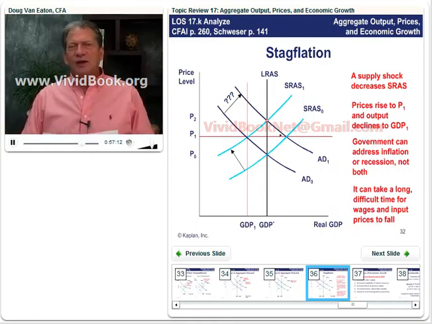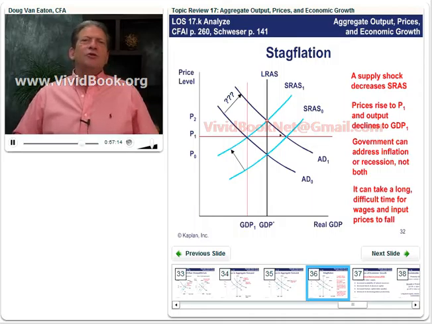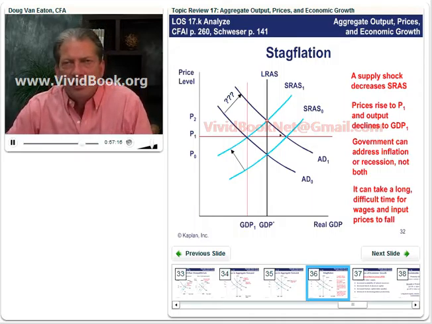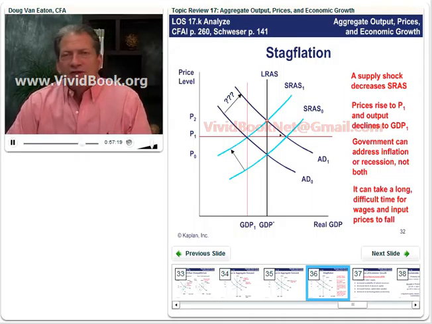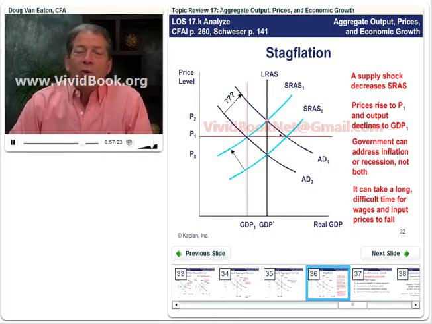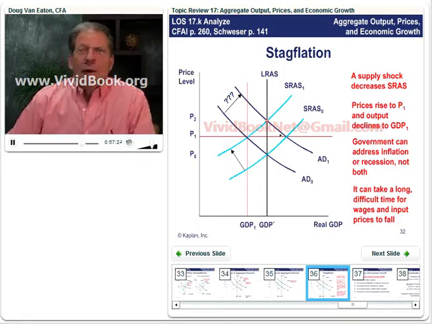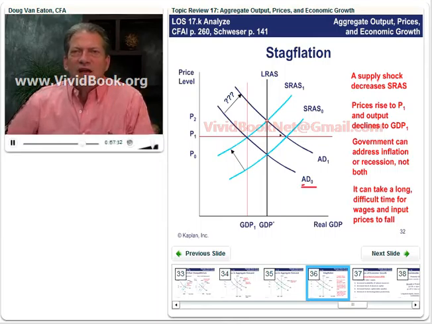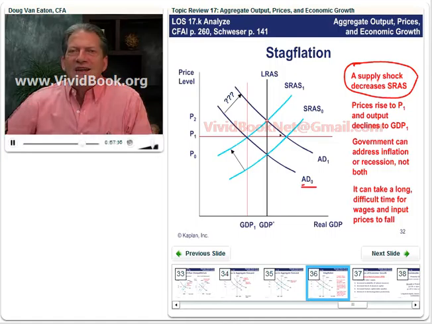And stagflation here, well, stagflation, that's just two words put together, right? Stagnation and inflation. And stagflation says, well, the economy is, growth-wise, doing poorly, but we still have inflation. So it's just like we saw in that last slide, some decrease in aggregate supply, a supply shock.